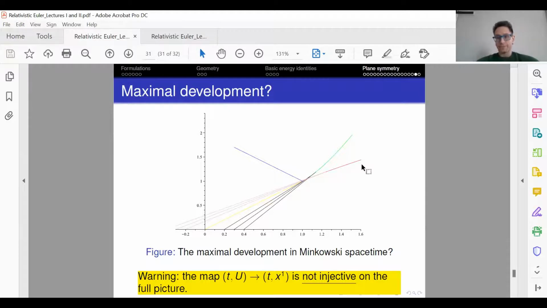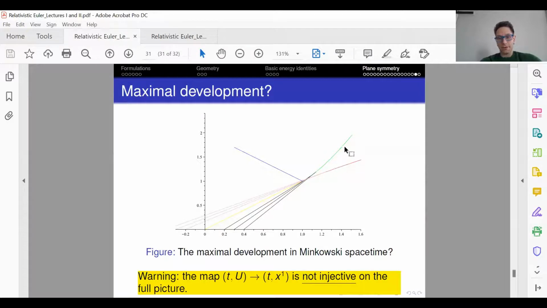That's a long story that can only be fully appreciated if you leave the class of plane symmetric solutions and try to understand the picture in more generality. It's going to be a little bit the subject of today's discussion when we're leaving symmetry, but it's also going to be the subject of my lecture in the workshop next week.